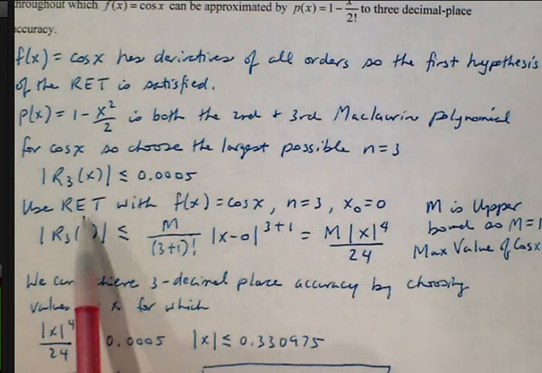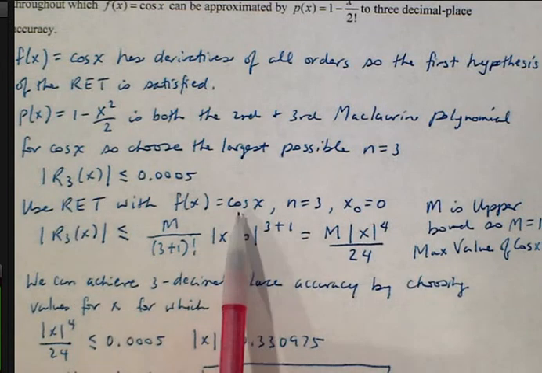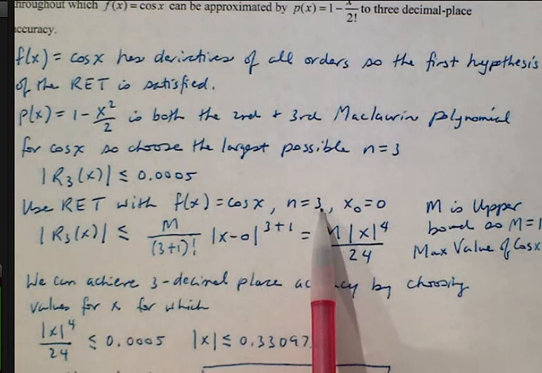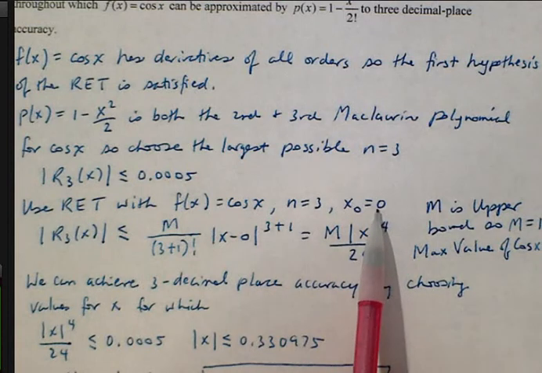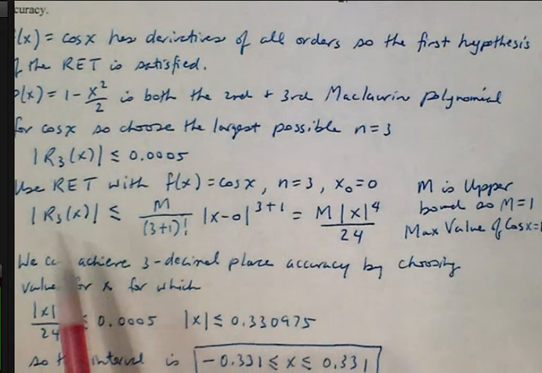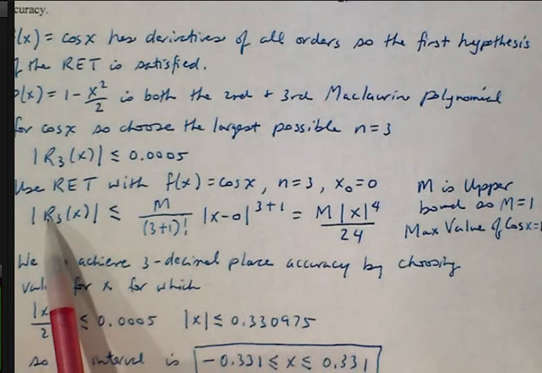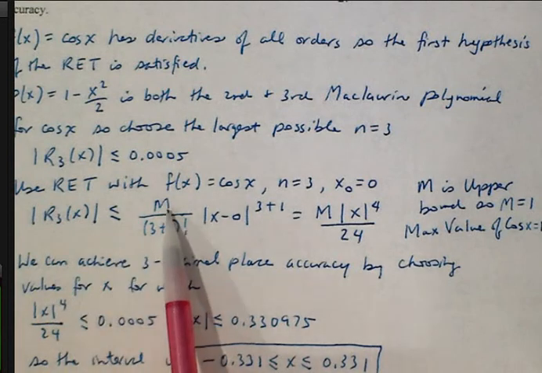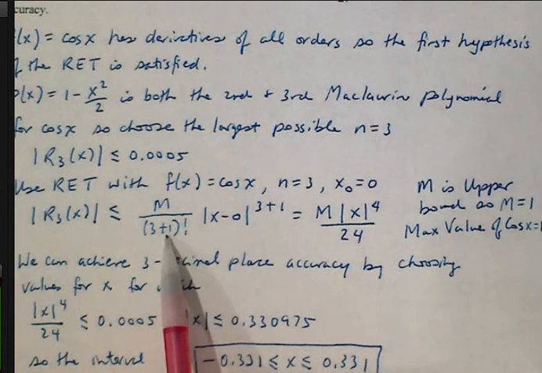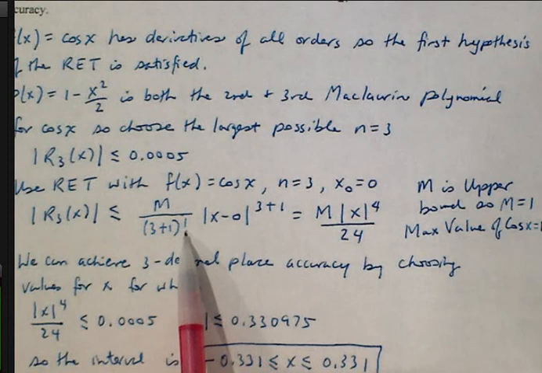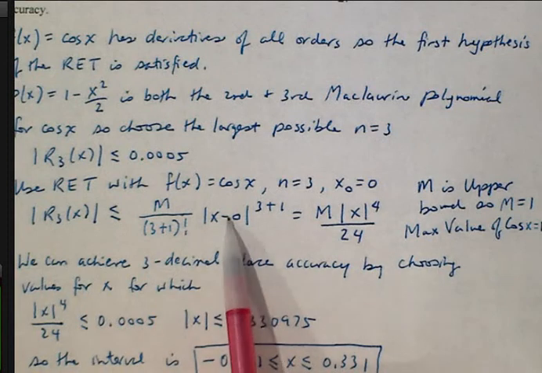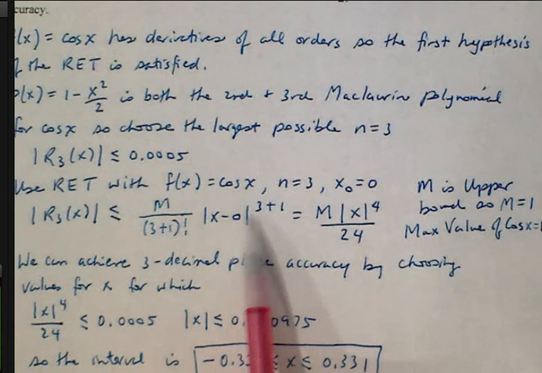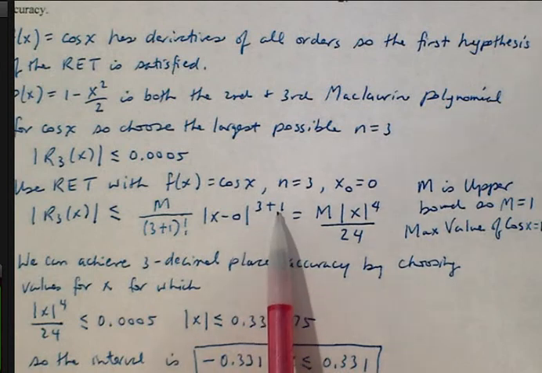Using the remainder estimation theorem with f of x equaling cosine, n equal to 3, and x sub 0 equal to 0, I put it back into the formula: the absolute value of the remainder of the third polynomial of x is less than or equal to capital M over the next term, 3 plus 1 factorial, times x minus 0 raised to the 3 plus 1.